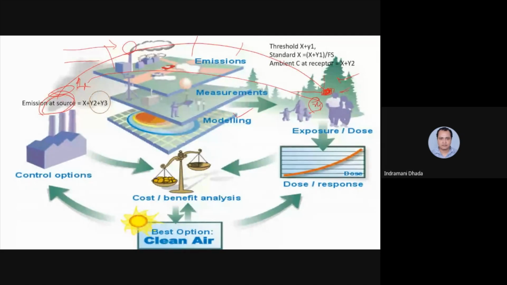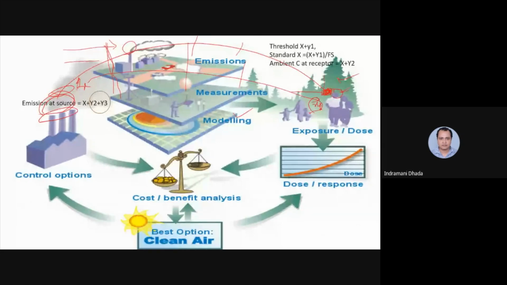Suppose x1 is dangerous, then I have to control this. So what I have to do, I have to control it at the source, or I have to have some mechanism to stop the pollution in the medium, or I can control it by putting some mask on my nose or something else.